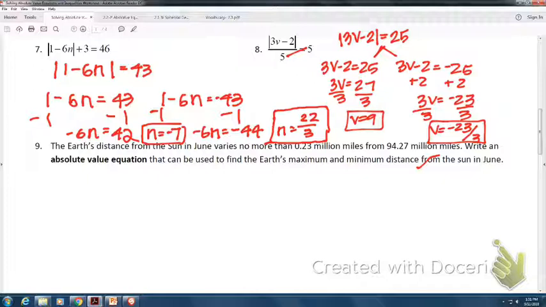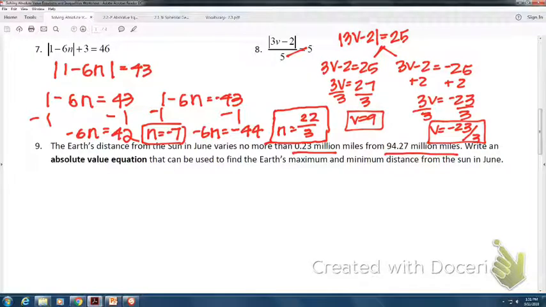Our favorite things, word problems. These are easy though, don't worry. Okay, the Earth's distance from the sun in June varies no more than 0.23 million miles from 94.27 million miles.